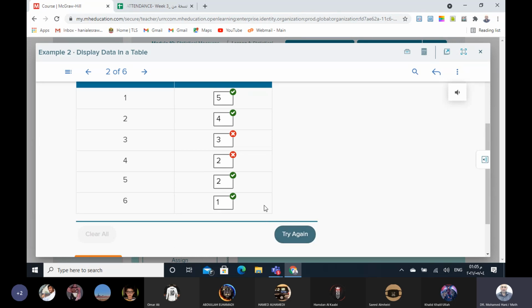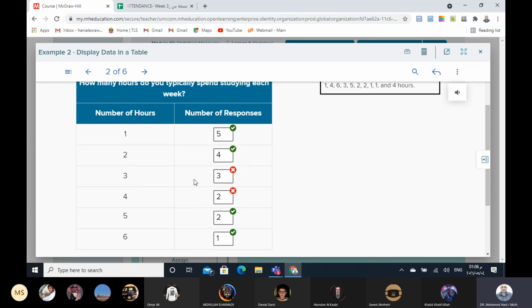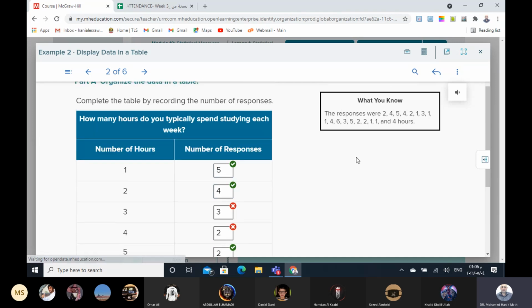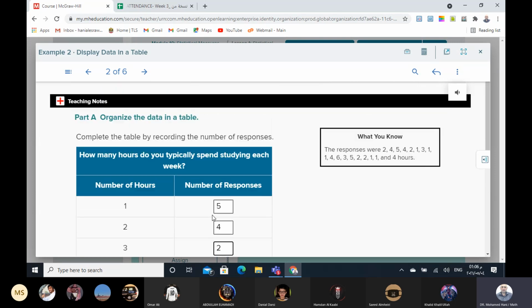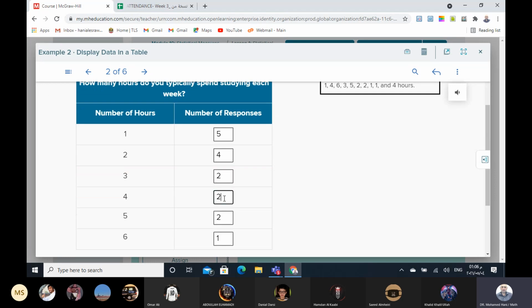There are two 3s. Yes, as you see, we have a mistake here. How many 3s? 1, 2. Just 2. I wrote here 3, so we can write here 2. And how many 4s? Here we have 1, 2, 3. I wrote here 2, so this is wrong.